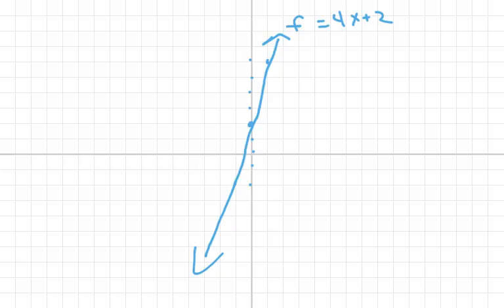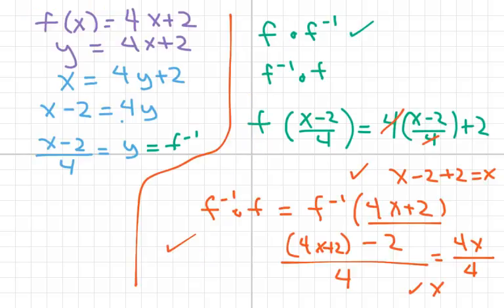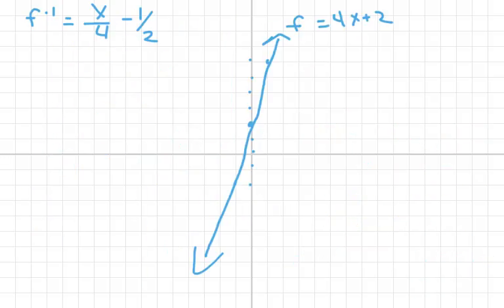And then for f inverse, basically I'm rewriting it as x over 4 minus 1/2. So it's still linear. The slope is 1/4, and I'm starting at negative 1/2. So I'm starting here.